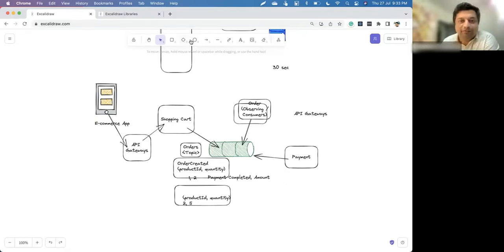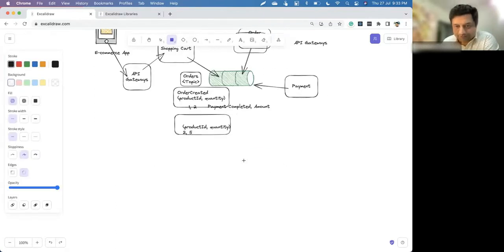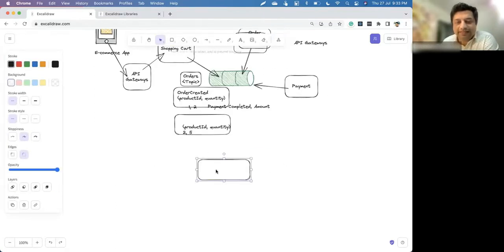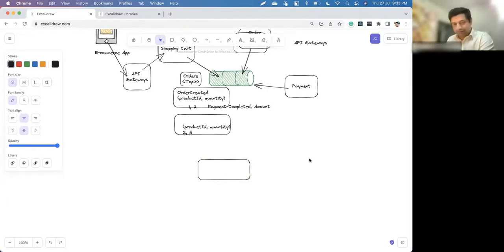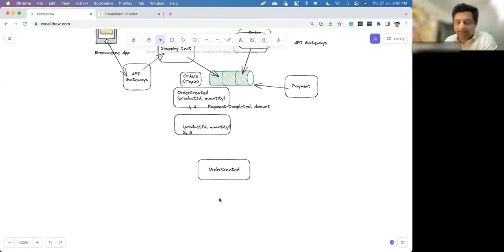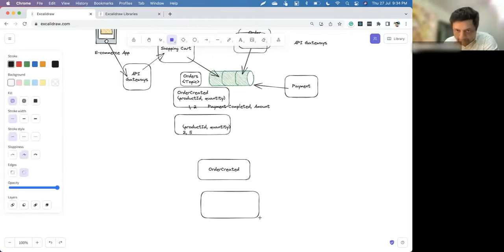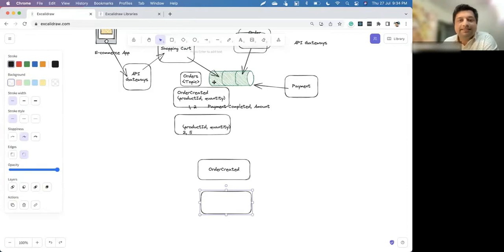So here we have various events. You should talk about all these in terms of events. So the first event is order created, right? From the shopping cart, if someone clicks the order button, you have an event called order created. Appropriate details will be placed in the message queue.